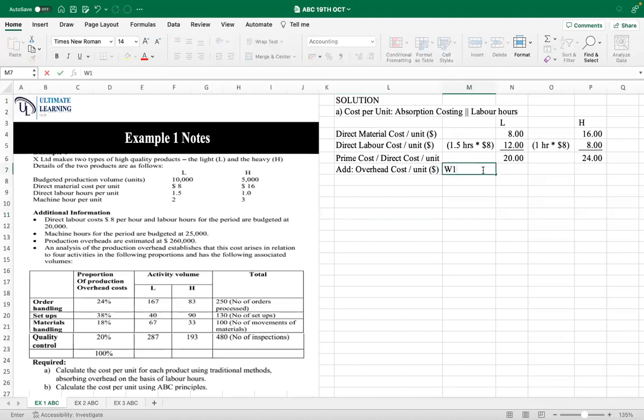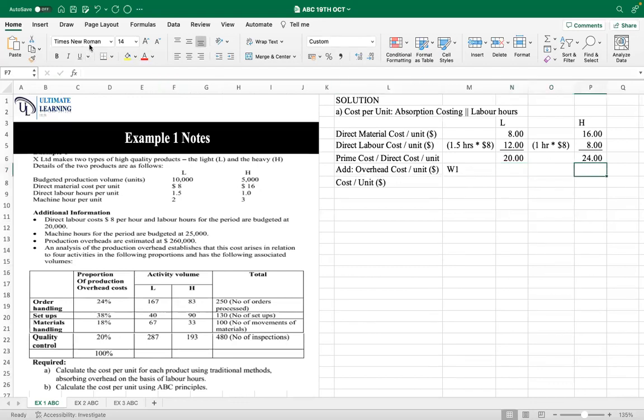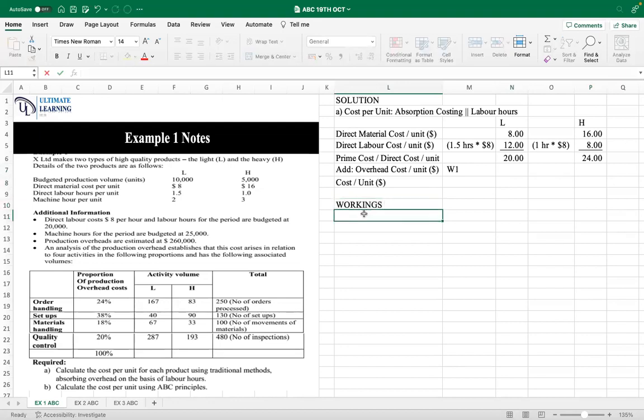I'll call it working 1. We will do some working to enable us get it. And then when you add overheads to the prime cost, that is what gives you total cost per unit, which of course is also in dollars in this question. So that is how we will get it, but we are not done. We are still about to account for overheads. And then now I'll come for my workings, and I'll have working 1.